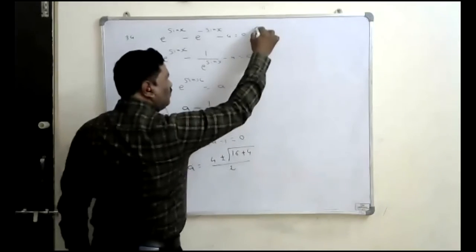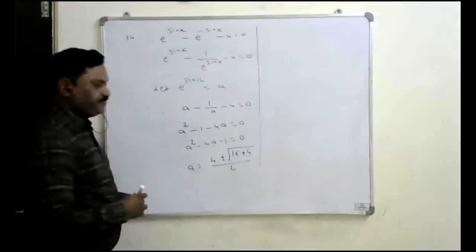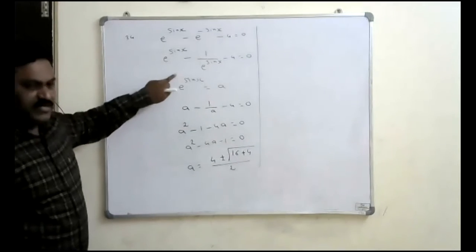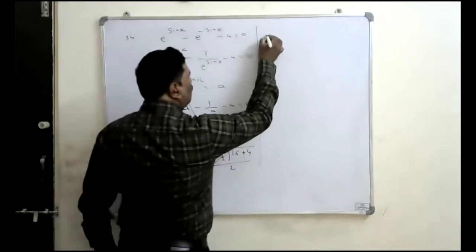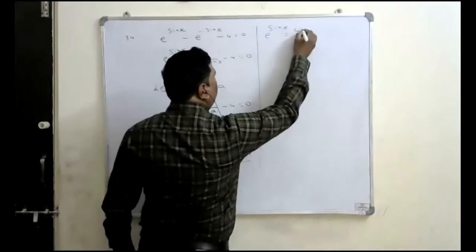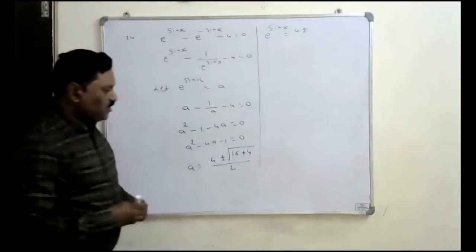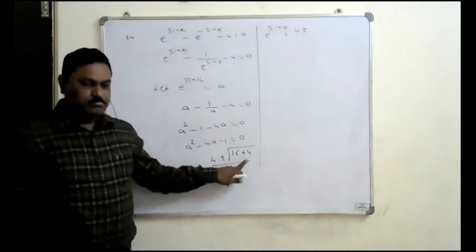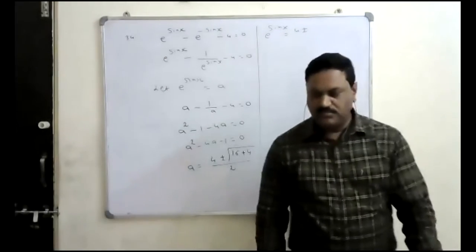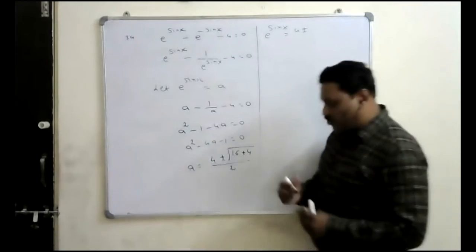Okay. But what did we take here? We took e power sin x as a. Therefore, e power sin x is equal to 4 plus or minus root of 16 plus 4, how much? 20. Under root 20. What can we take for root 20?